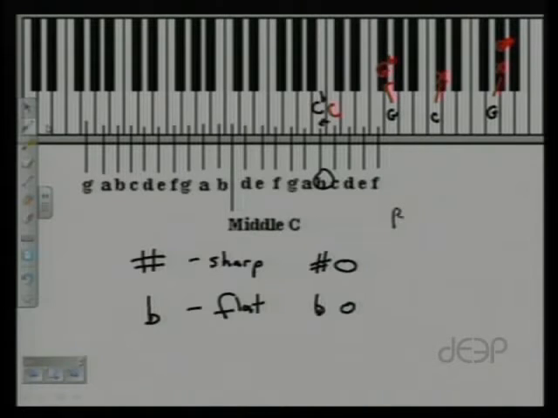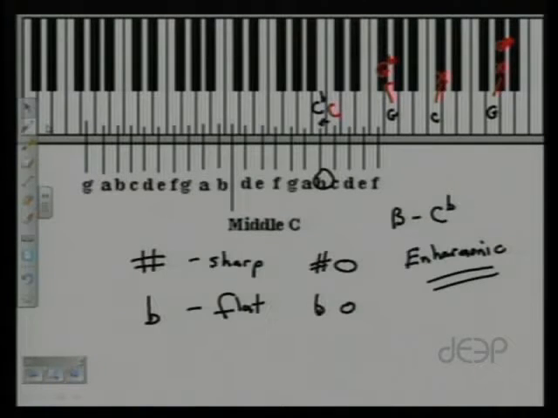The name for 2 notes, or 1 note that has 2 different names, is enharmonic. Okay? So if we have enharmonic tones, they would be a tone that has 2 different names.